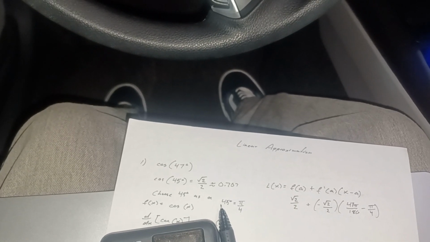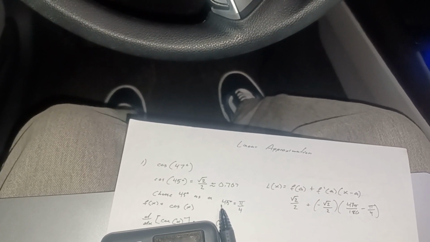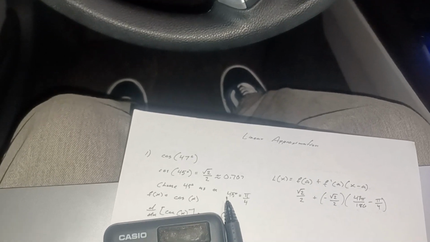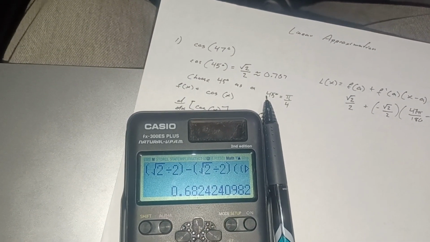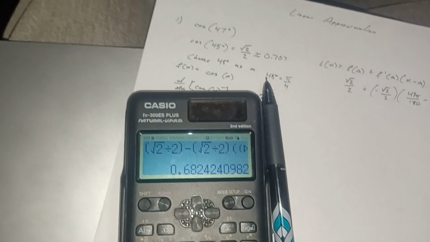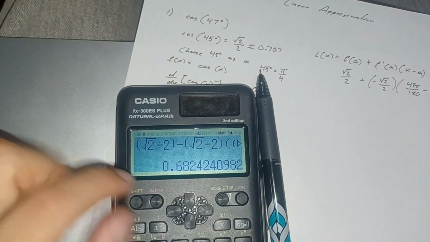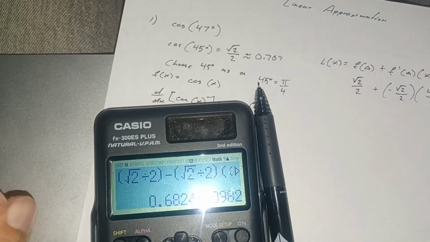Shift pi divided by 4. Now let's see if this works. This will give us, oops, I don't think you were able to see that. Sorry about that. But this will give us roughly 0.6. Let's write it down.